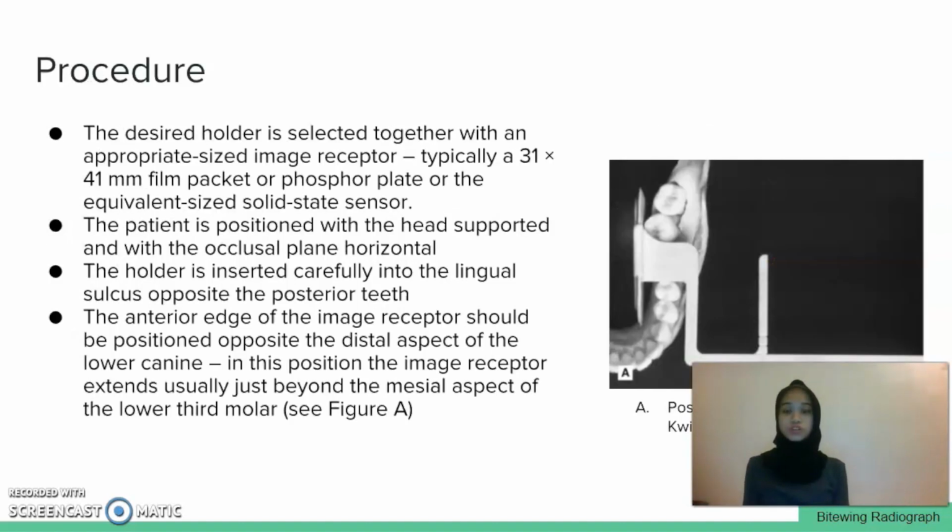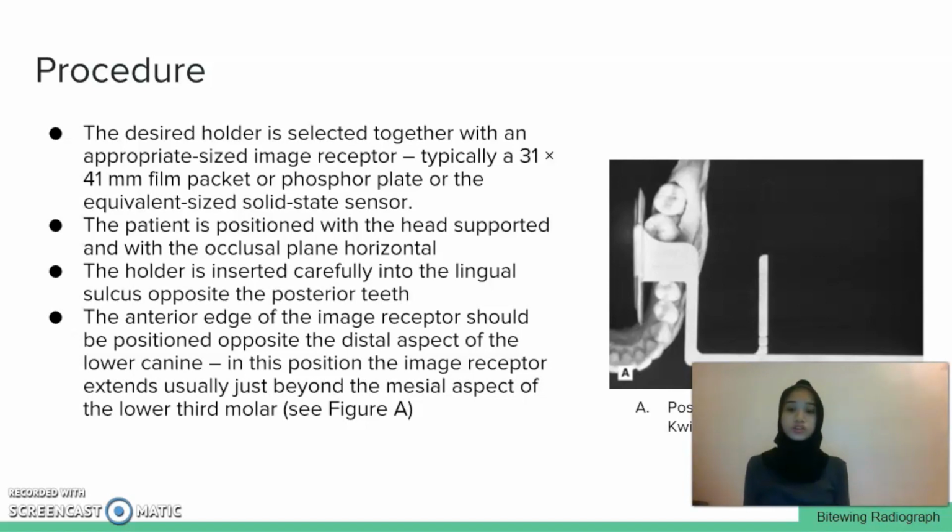Next, we move on to the procedure of how to take a bite-wing radiograph. The desired holder is selected together with an appropriate size image receptor, typically a 31 x 41 mm film packet or phosphor plate, or the equivalent size solid-state sensor. The patient is positioned with the head supported and with the occlusal plane horizontal.